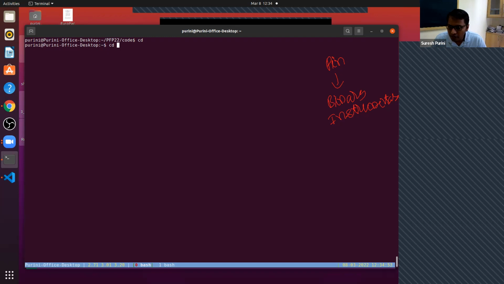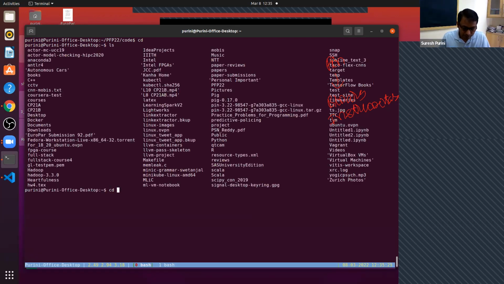Even earlier Balram was mentioning you can insert static variables in the program and try to estimate the function call frequency. But that approach doesn't quite work if you want to get the distribution of different instructions when a program is executed. How many floating point instructions, how many branch instructions, how many integer instructions, all these things we would like to get. We may not get an estimate of it. So we can do it using the Pin tool.